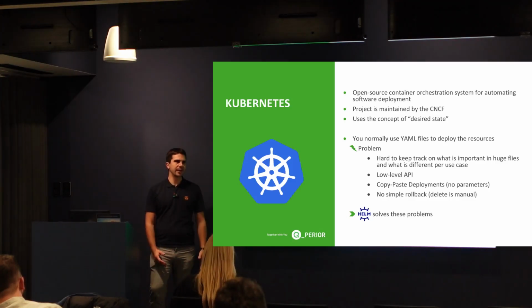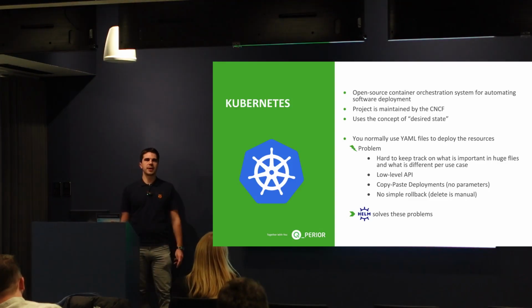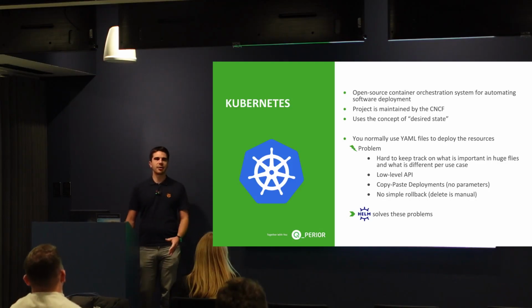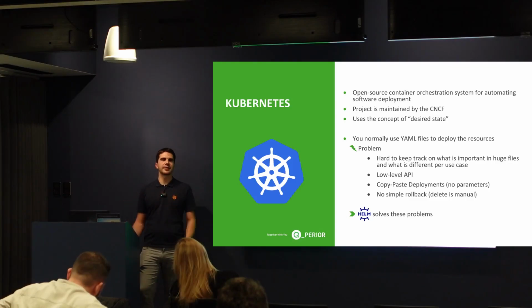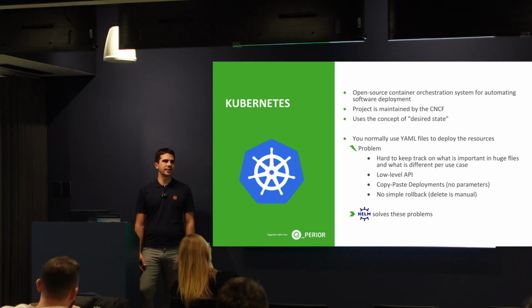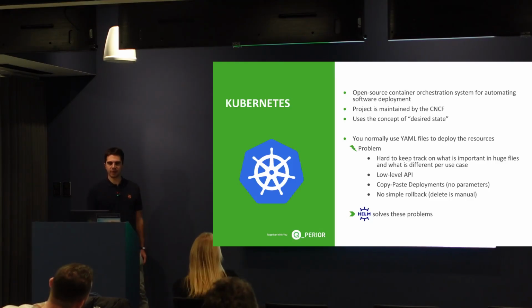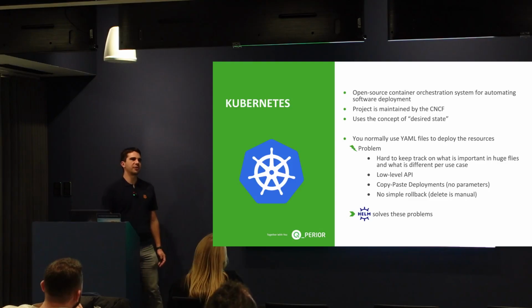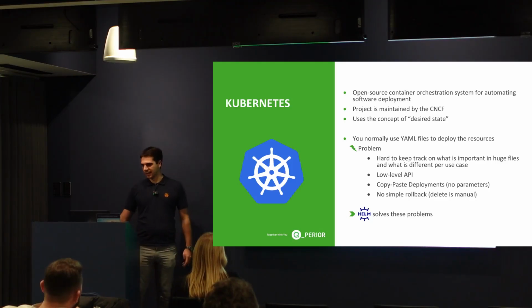For example, you say, I want a deployment with 2 replicas, and you push it to the cluster. It sees the client wants 2 replicas, so it will create 2 pods and also make sure that they run. And if you delete one, or one gets killed, it will make sure it gets back to the desired state and recreates these pods. This is the desired state concept, and this is done with YAML files, or JSON. But normally you use YAML files, and you define how you want these states to be.